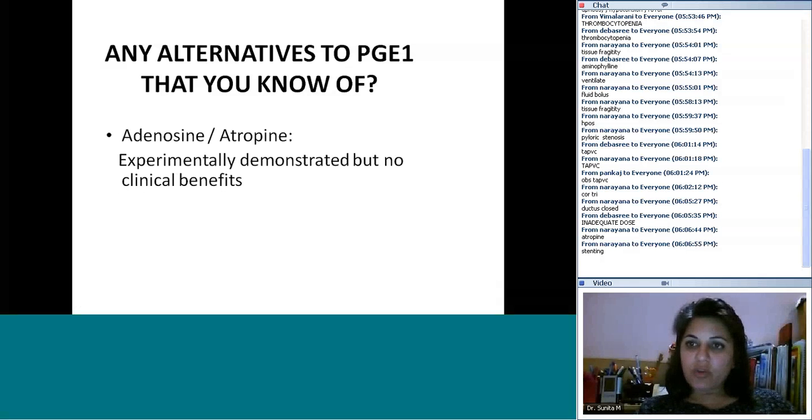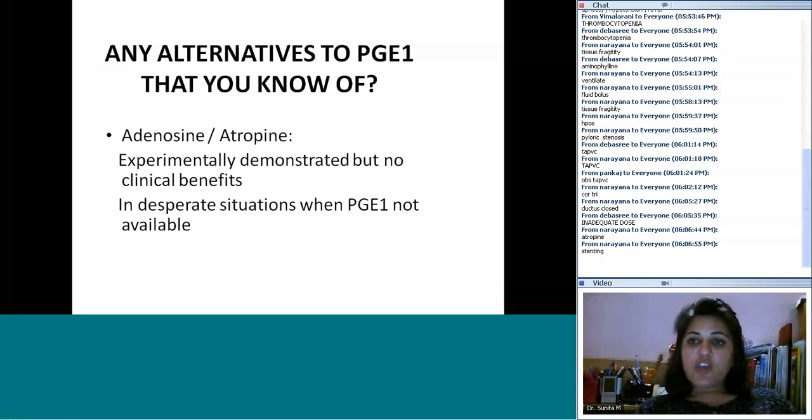Atropine and adenosine, interestingly, have been experimentally demonstrated to cause vasodilation of the duct. But it's not really clinically used. But if you're in a desperate situation, like let's say the patient is some place half an hour away, 40 minutes away, they don't have prostaglandin, you can at least give atropine, give another atropine in 15 minutes, for whatever it's worth, if the patient is in extremis.